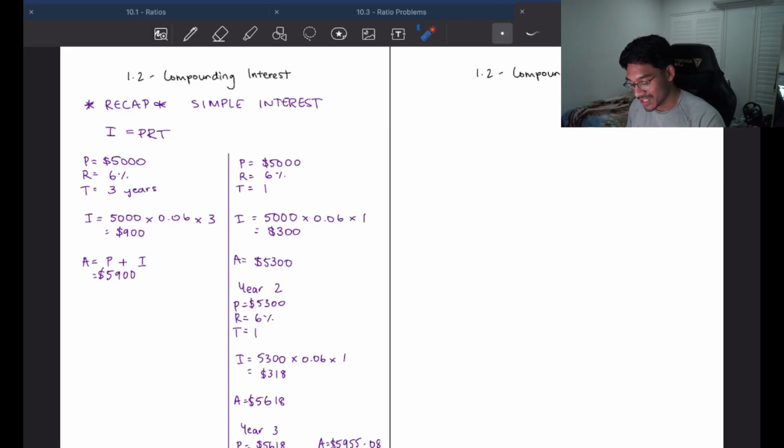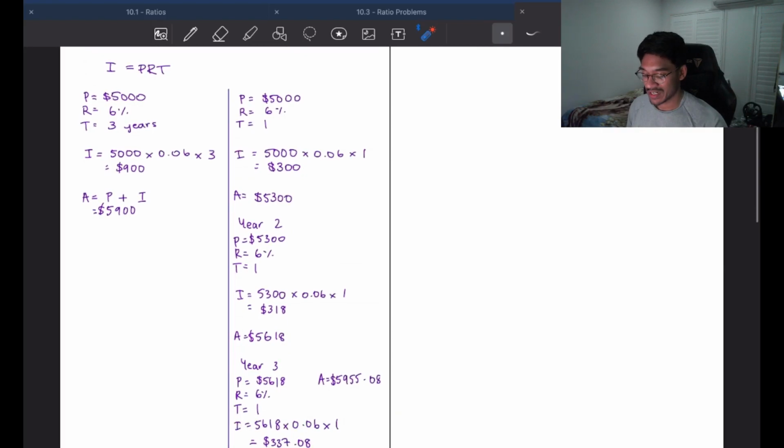So we've earned $300 interest, and now we're getting interest on this principal plus the interest, which gives us some more. And then we're earning interest on the principal, which earned interest twice. That's the idea of compounding. It compounds, so it goes on top of that.